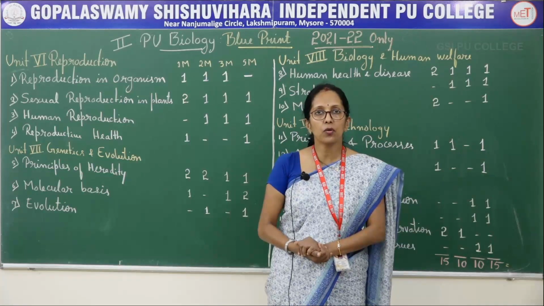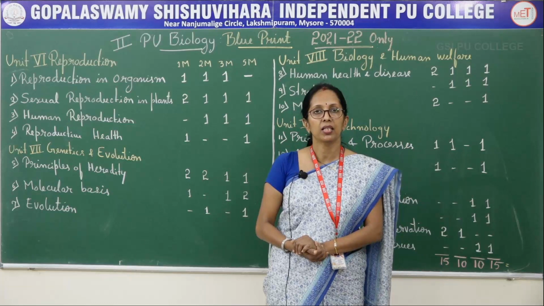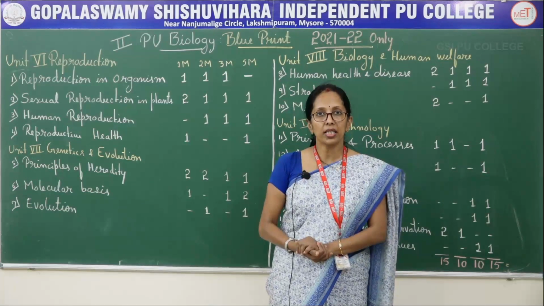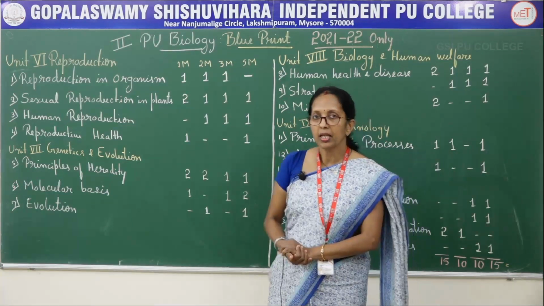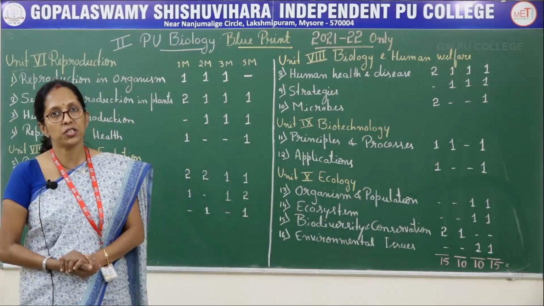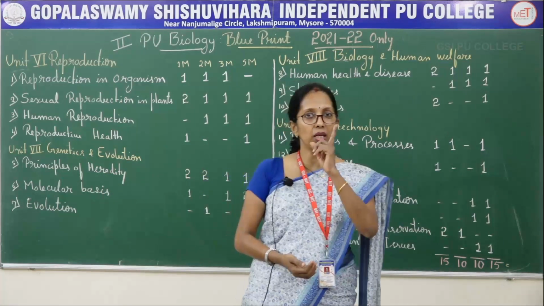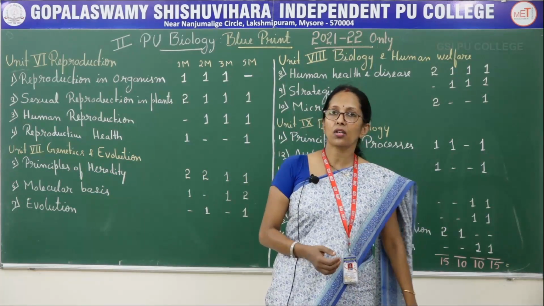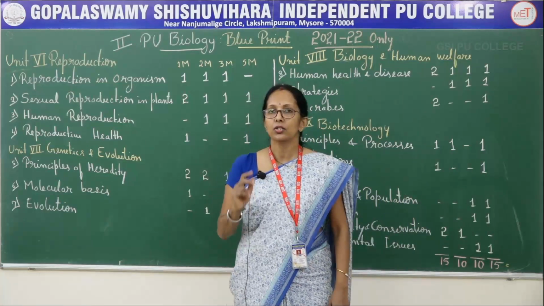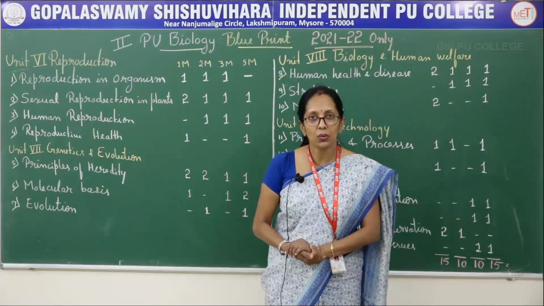Pollination is the transfer of pollen grains from the anther to the stigma of the gynoecium. There are 2 types of pollination. The one is said to be self-pollination, the second one is cross-pollination. As the name itself indicates, self includes only 1 plant, cross-pollination includes 2 plants: autogamy and then allogamy.